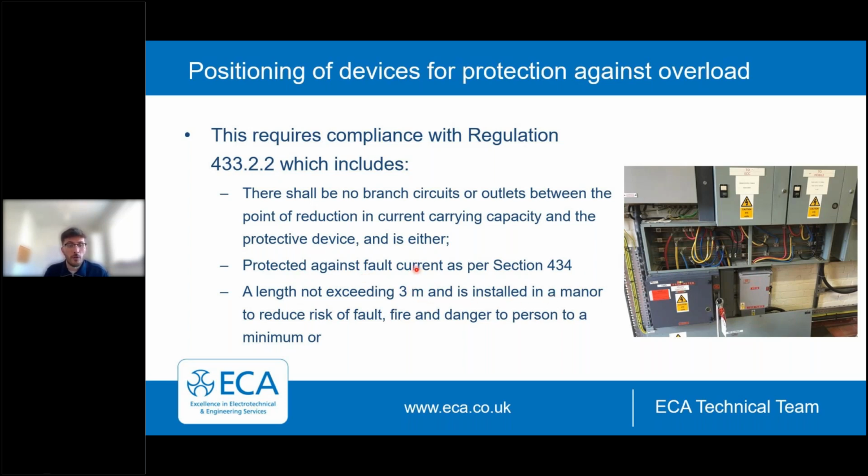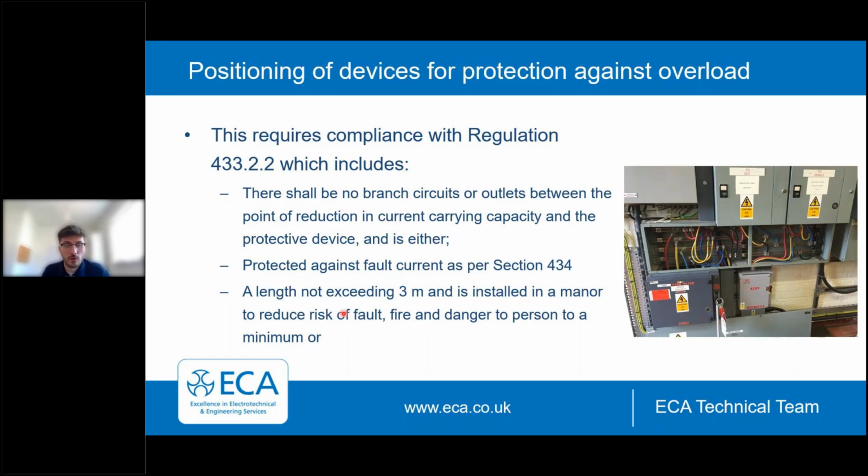Now, without knowing, I would imagine we've likely achieved compliance with protection against fault current as per section 434. I'm not going to drill down too deep into that, but as a high level overview, it's likely that if a fault was to occur, let's say between these cables, it's going to cause a sufficient fault current to disconnect the upstream fuse before thermal damage would occur to these reduced conductor sizes.